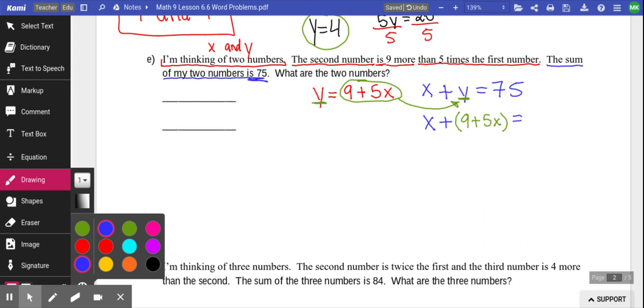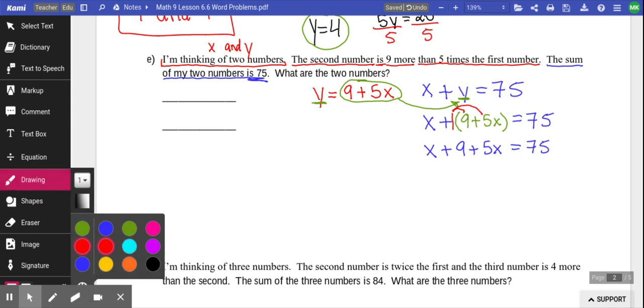And then equals 75. Whenever I do that swap, that substitution, I always put brackets around what I substitute. And then I do have to get rid of those brackets. In this case, there's an invisible 1 in front of the brackets. So I just have to multiply that invisible 1 in. It's not going to do anything, but it's going to get rid of the brackets. So it still stays as 9 and 5x, like that.